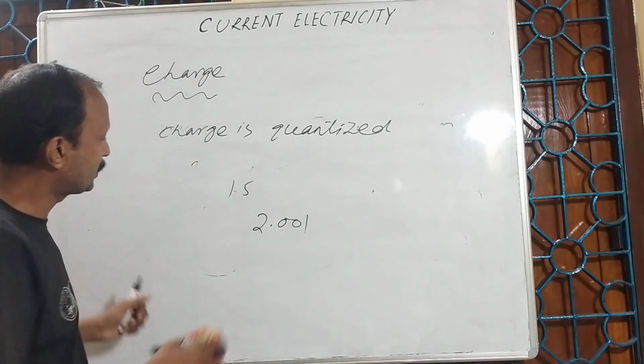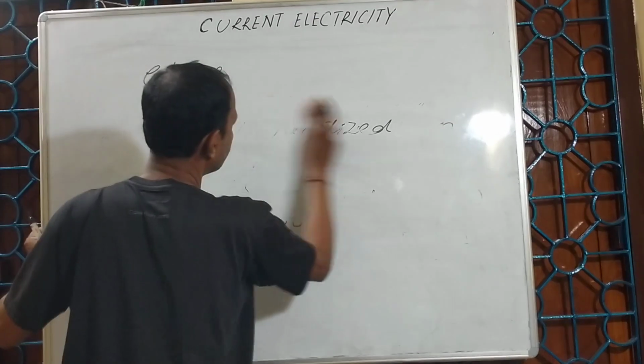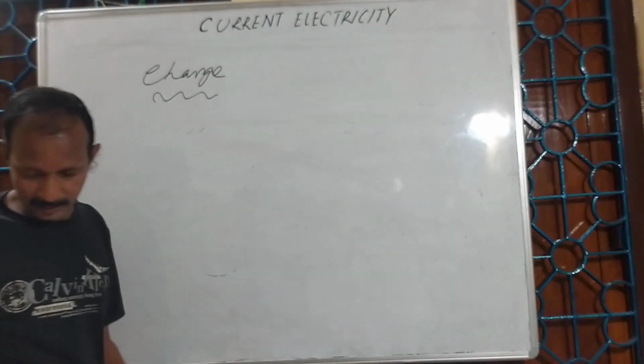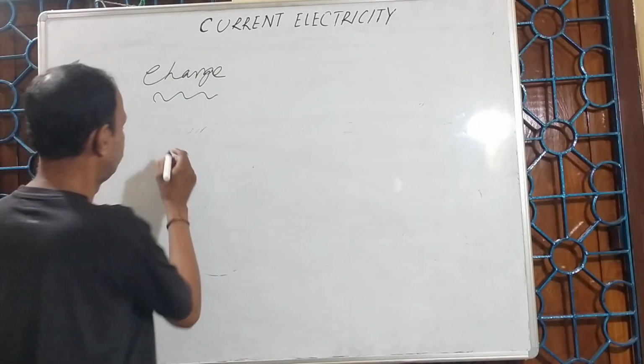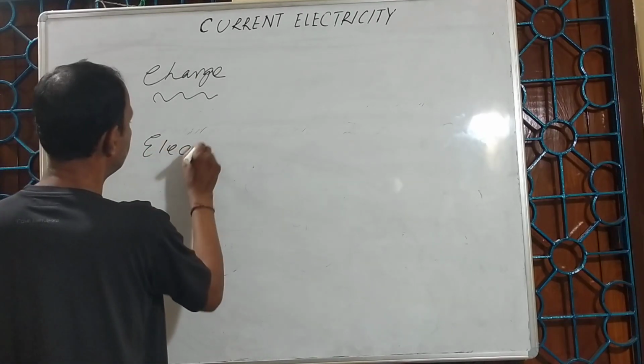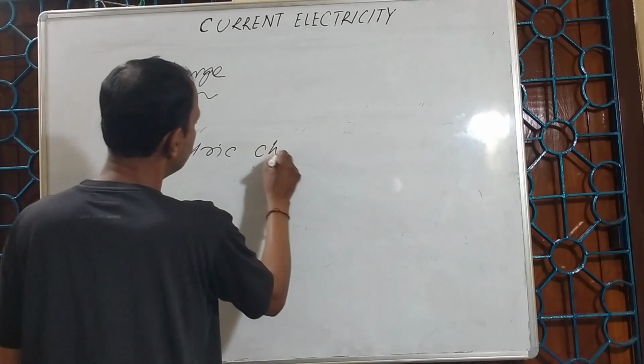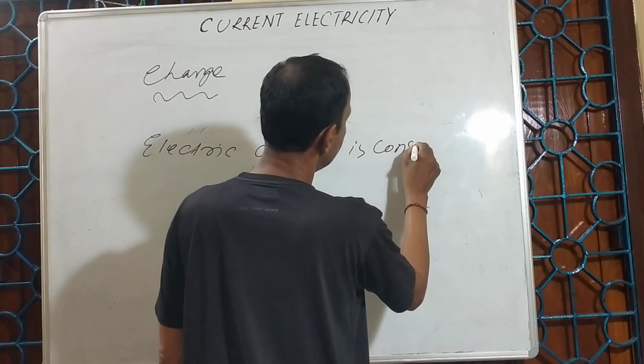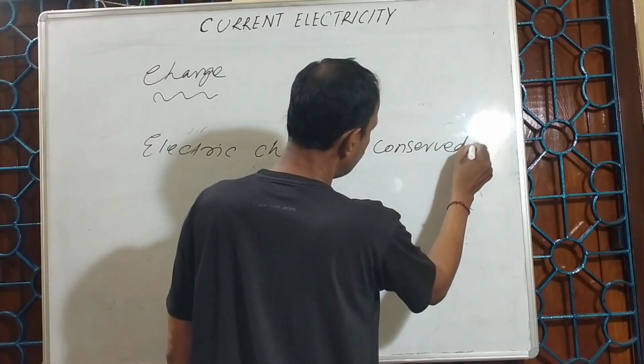So the next property is that charge is conserved. Electric charge is conserved.